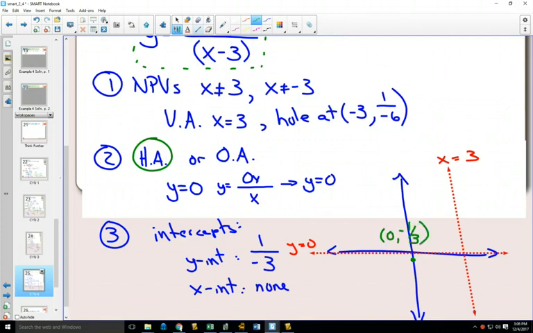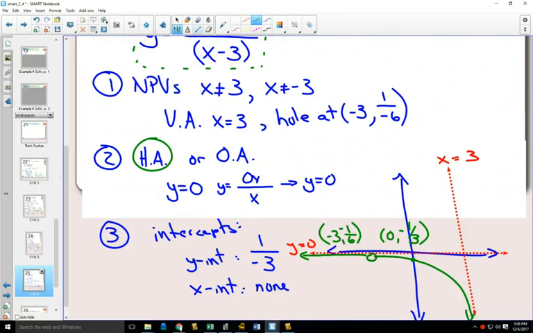And we know that we have a hole at negative 3, negative 1/6. So we have enough information to the left of our vertical asymptote to say that our graph looks like this.